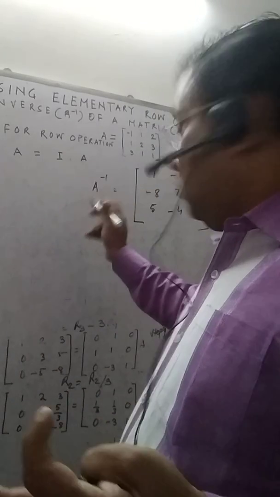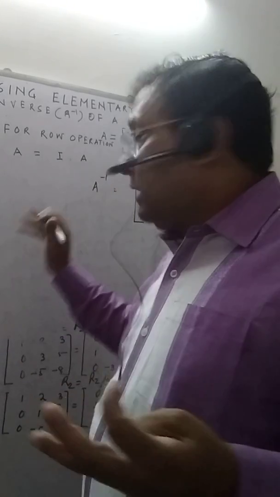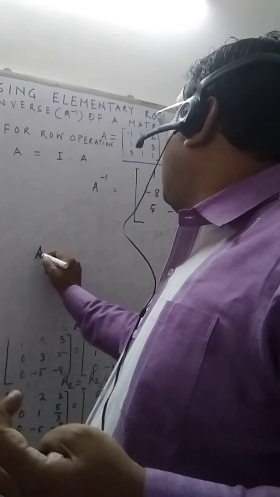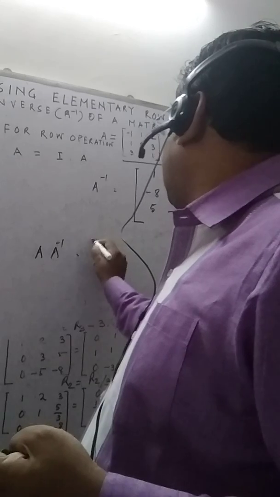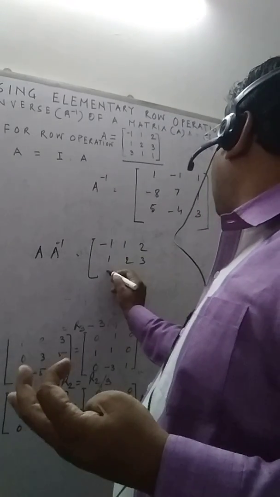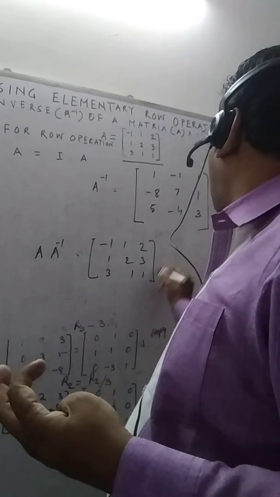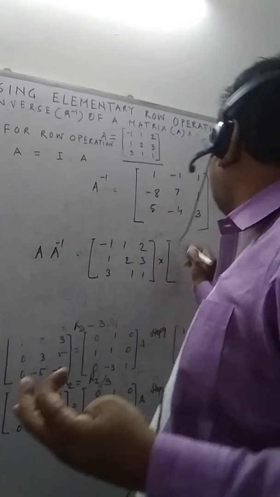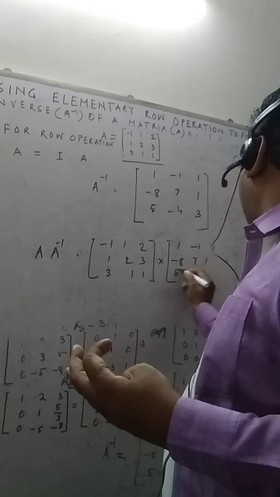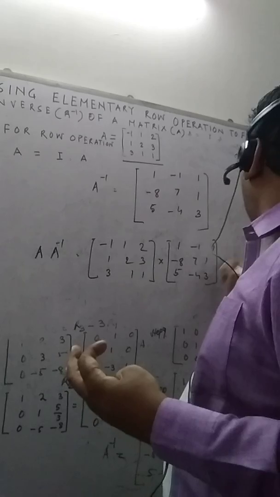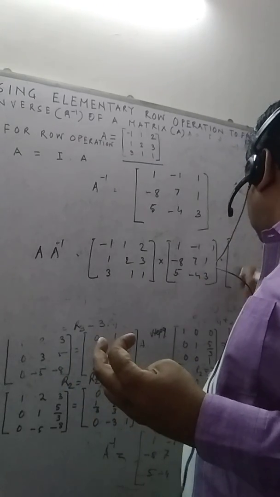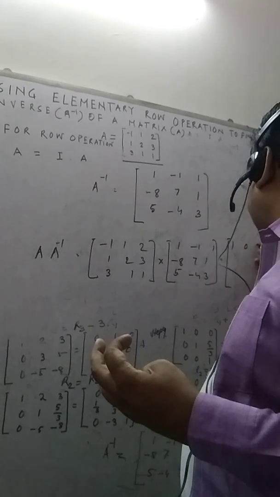Now to check this inverse, what you can do is, this is your original matrix A: minus 1 1 2, 1 2 3, and 3 1 1. If you multiply this by this inverse, 1 minus 1 1, minus 8 7 1, 5 minus 4 3, after this product you will get the identity matrix.